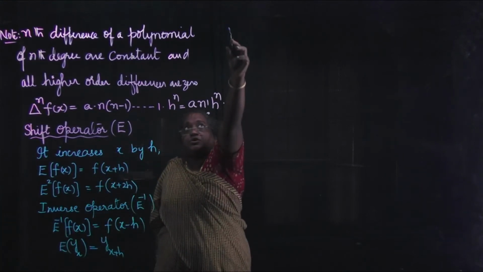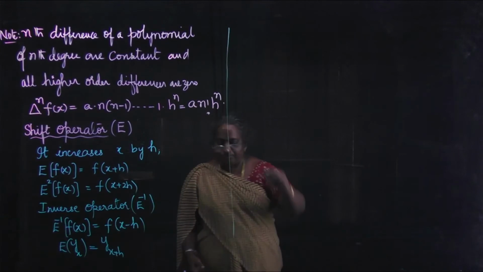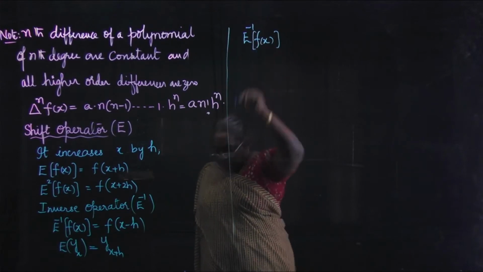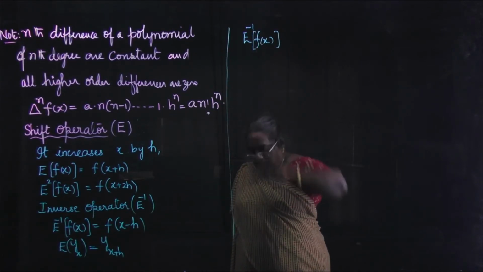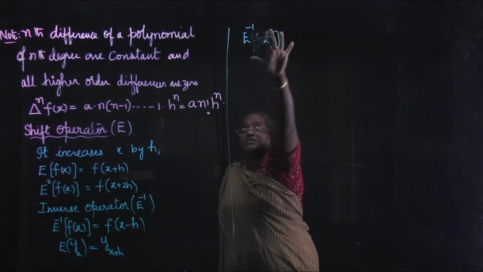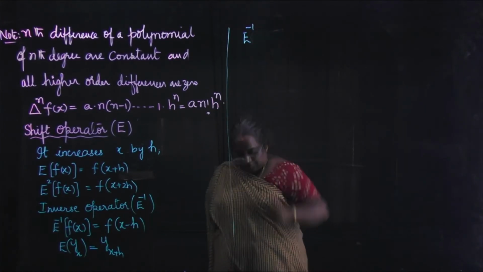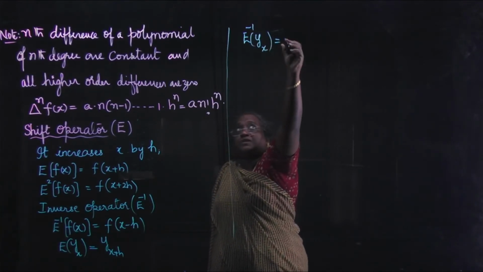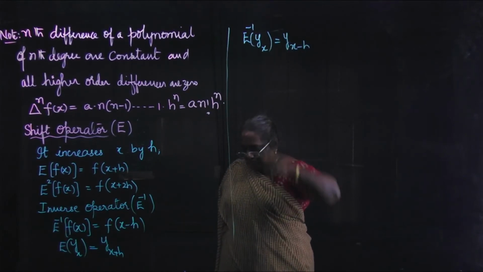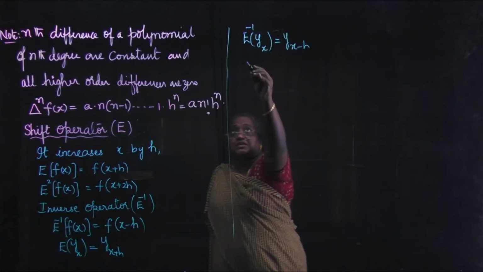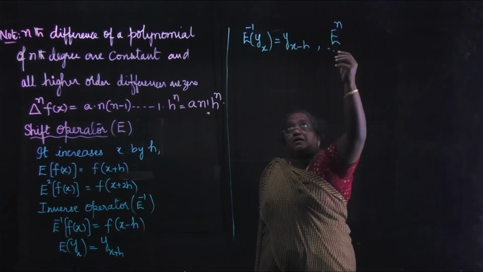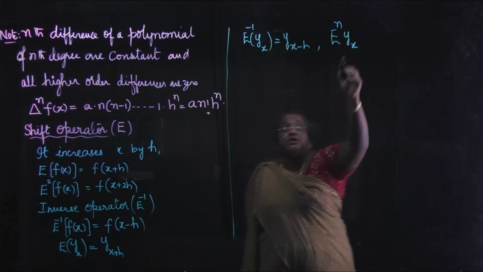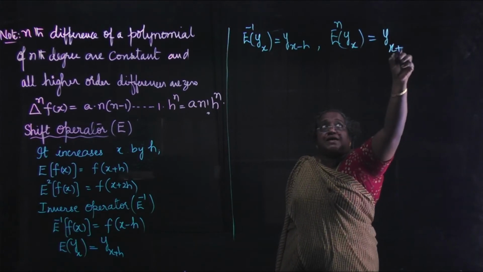And for E inverse, instead of f of x we can use y suffix x. Let us see E inverse of y suffix x. It will change it to y suffix x minus h. So in general, E to the power n of y x is equal to y of x plus nh.